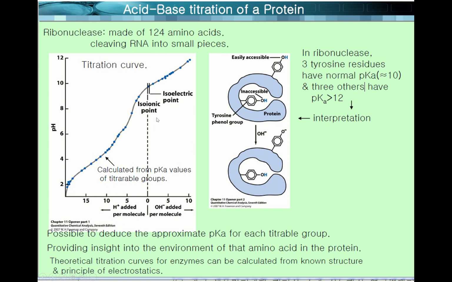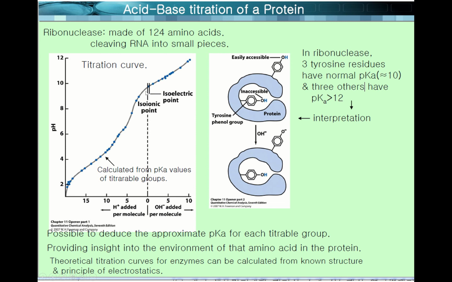This titration curve is made starting from this isoionic point, by adding strong base like KOH or NaOH.